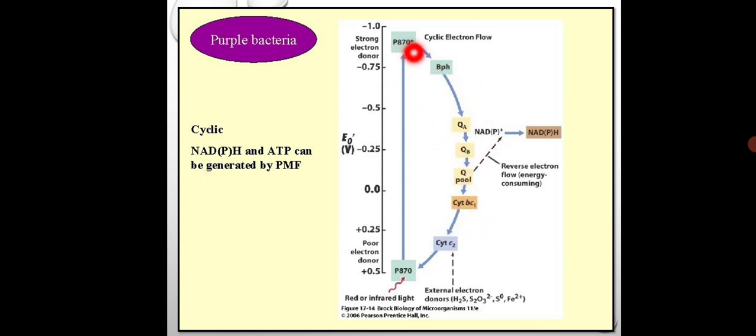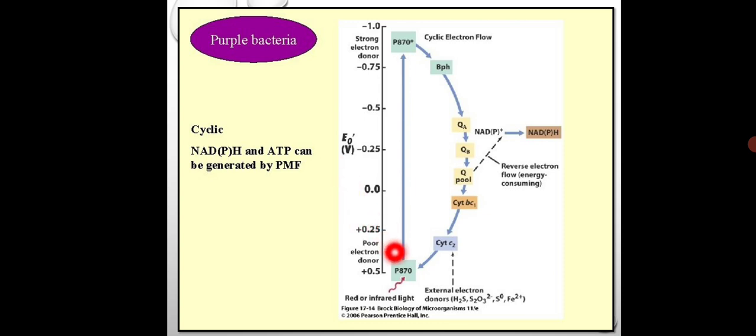But before seeing this transfer process, let me tell you about this volt. Okay, this reduction potential scale. This is known as the reduction potential scale. Okay, it is the reduction potential scale which is measured in volt.